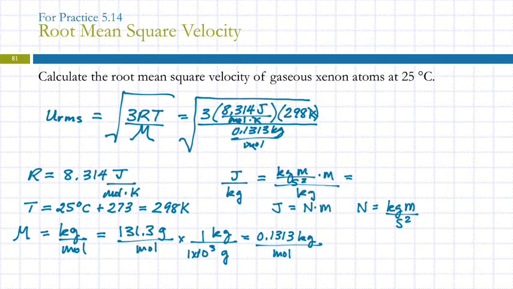The kilograms cancel out, and that ends up being meters squared per second squared. So the unit inside of the square root is meters squared per second squared. When I take the square root of that, I get the unit meters per second, which is velocity.